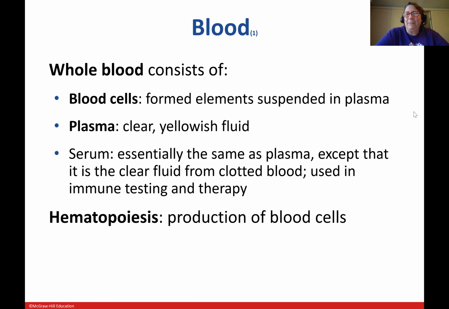Serum is essentially the same as plasma, except basically all of those clotting factors have been removed. So this is just the liquid minus all those clotting factors. Okay. And I mentioned a word prior to this. It's called hematopoiesis, and that is the process of producing red blood cells.